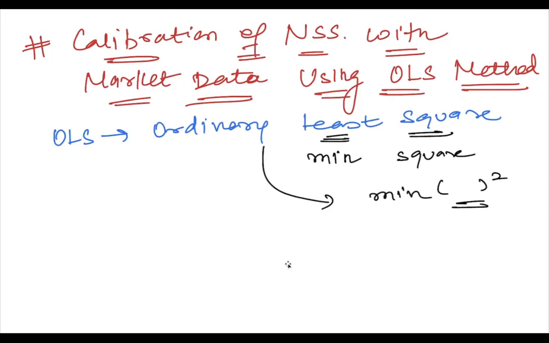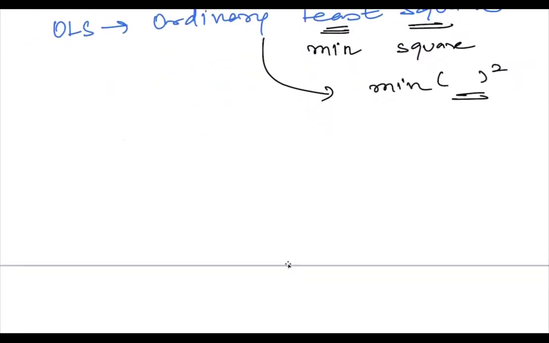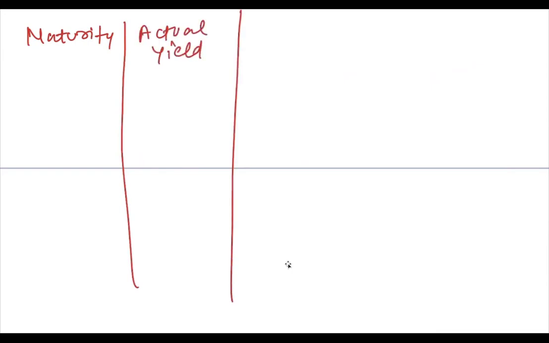So what happens is, we have different yields for given maturities. Let's say we have yield data for 1 month, 2 month, 3 month, and so on up till 30 years.